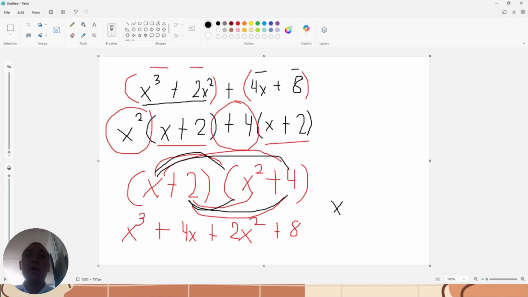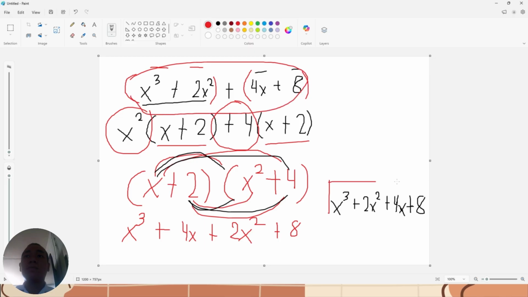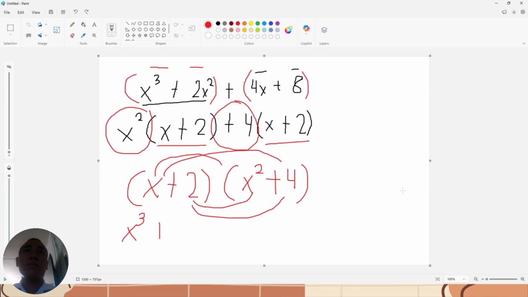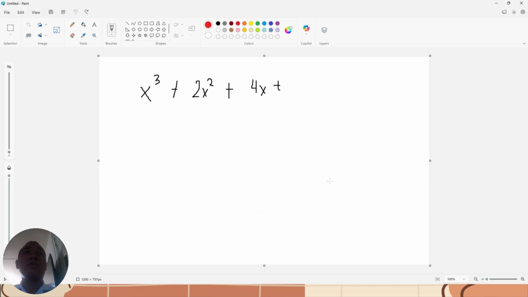You get x cubed plus 2x squared plus 4x plus 8, which is exactly the same as this. That's how it goes for the grouping method.